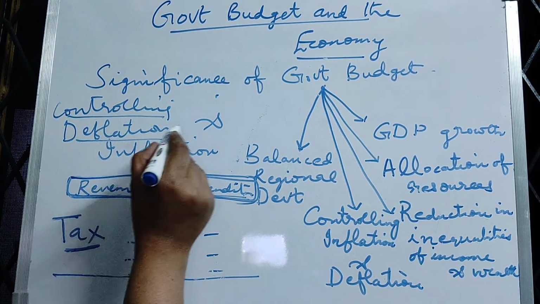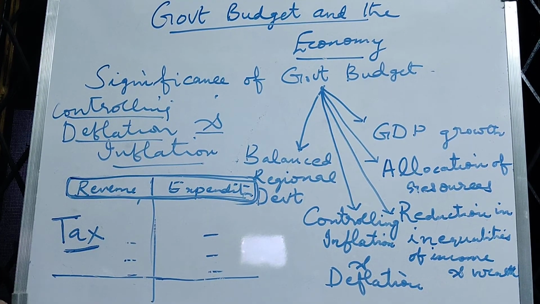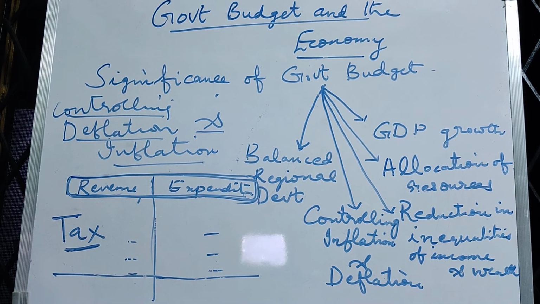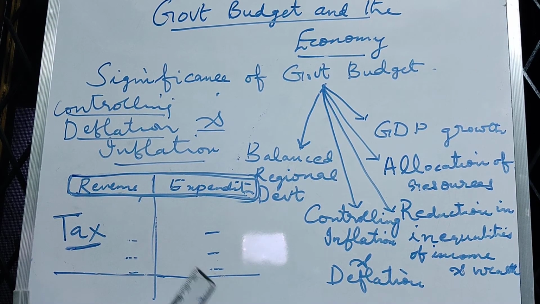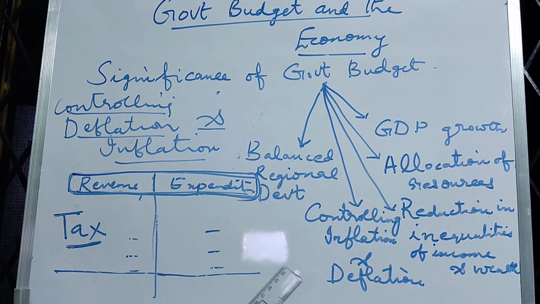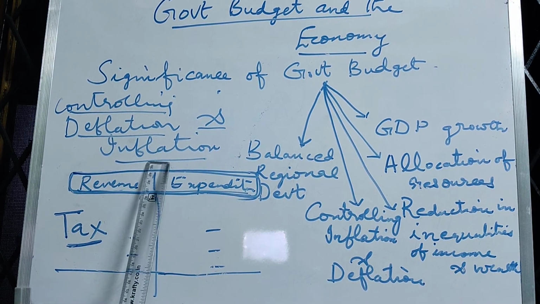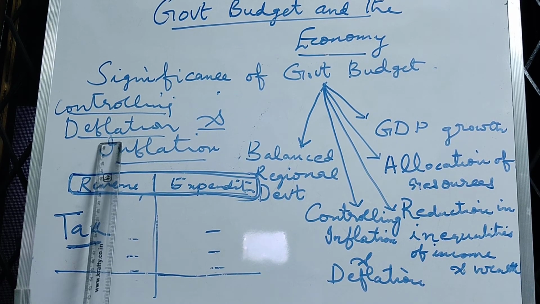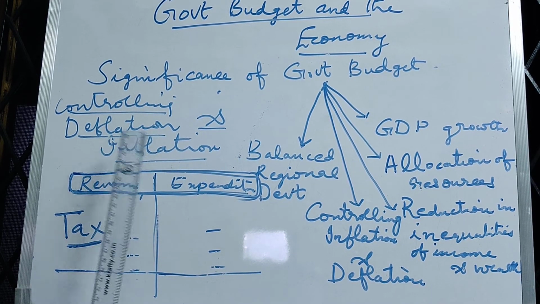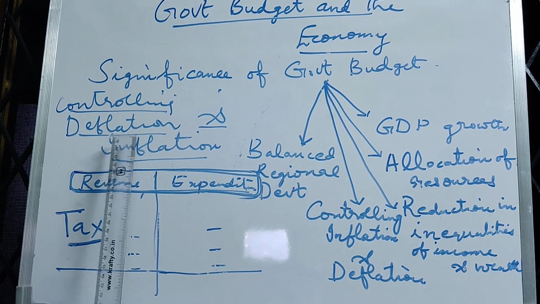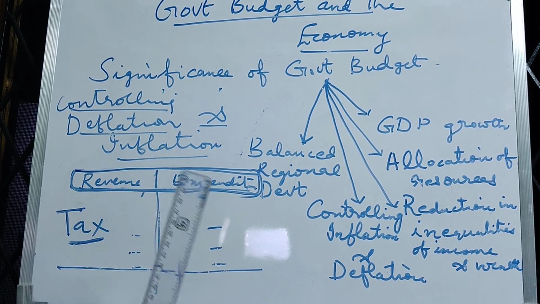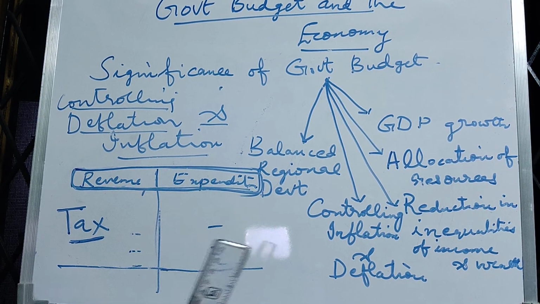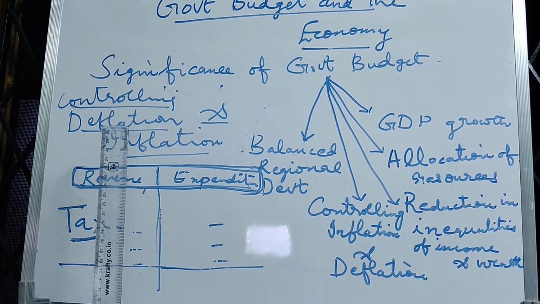Inflation and deflation are very extreme economic situations. Inflation is commonly known as a general increase in the price level, whereas deflation is a general decrease in the price level. These two are extreme economic situations and are very bad for any economy in the world.